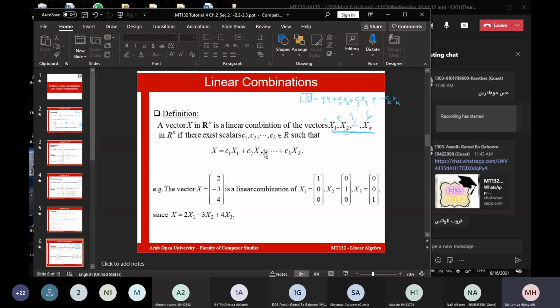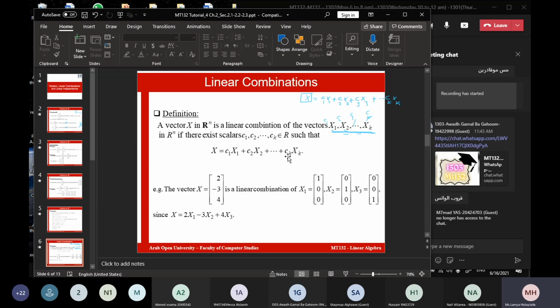If this happens, then we say that x is a linear combination of these. Our aim here is to find these constants. If I want to test that x is a linear combination of these, I have to find constants such that this addition will give me my vector.